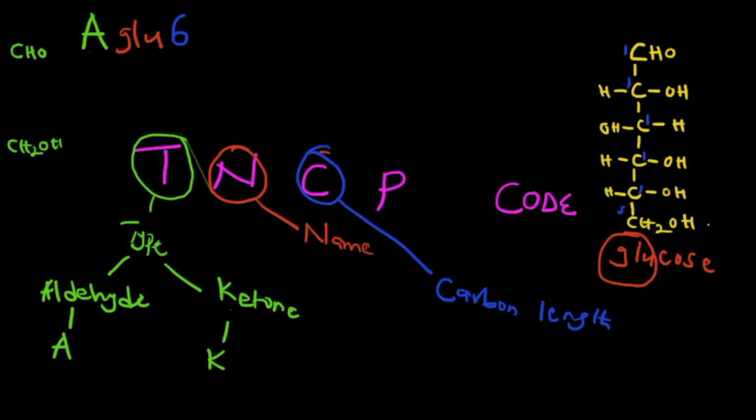The final thing is P, which is the position of difference. What do I mean by this position of difference? Basically, the position of difference refers to the point at which that sugar is distinct. I always assume that all my OH groups are to the right, because the majority are to the right.